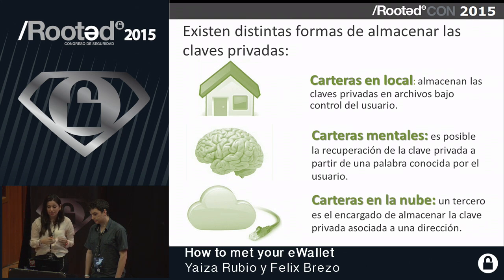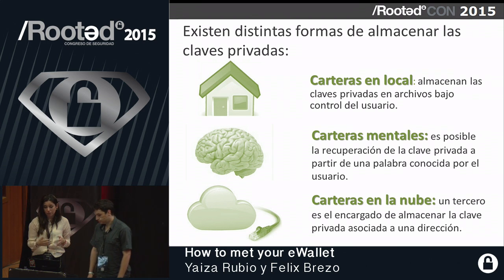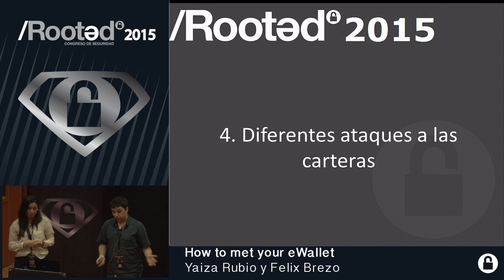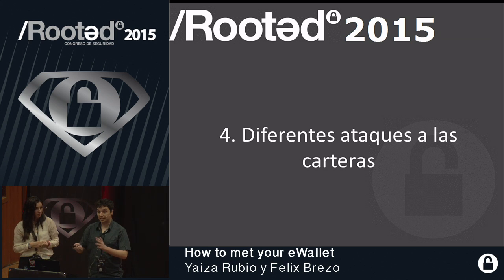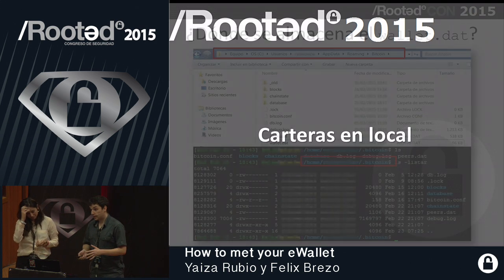And thirdly, we have the wallets on the cloud, which is a third party in charge of storing these keywords and passwords. Now let's see the vectors of attack depending on how we store the wallets.